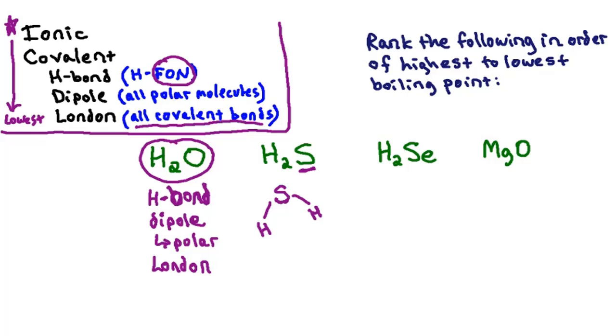The sulfur is more electronegative, so the sulfur is going to have a partial negative charge on the sulfur end of the molecule, and the hydrogens end of the molecule is going to have a partial positive charge. So that's going to create a dipole moment, a dipole.